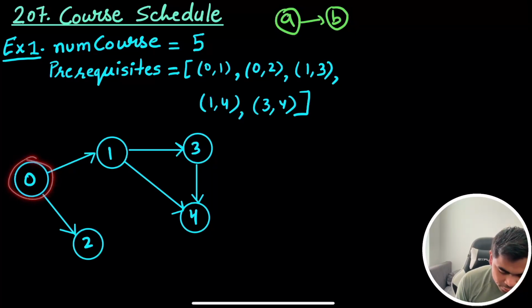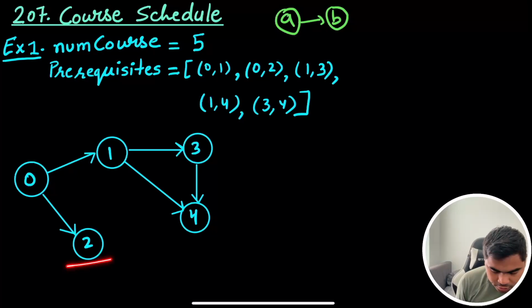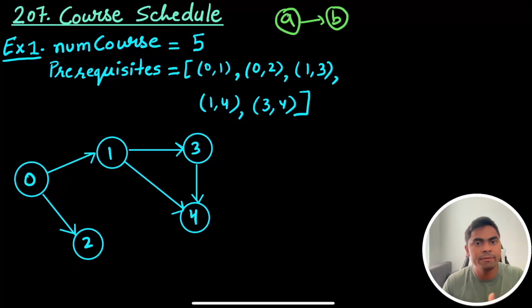There is one more prerequisite for 0, which is 2. You take that, and then you can take 0 as well. Now you have taken all the courses, and finally you can return that the visited nodes are equal to the total number of courses given to us.